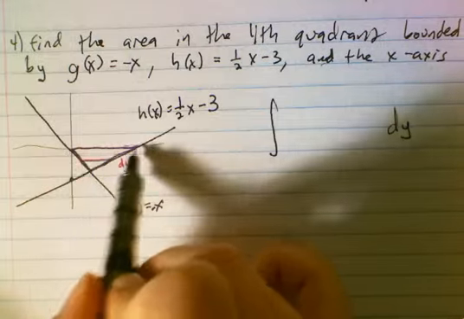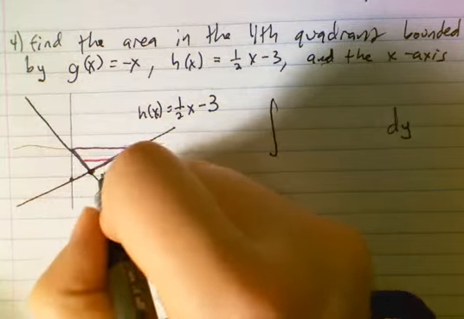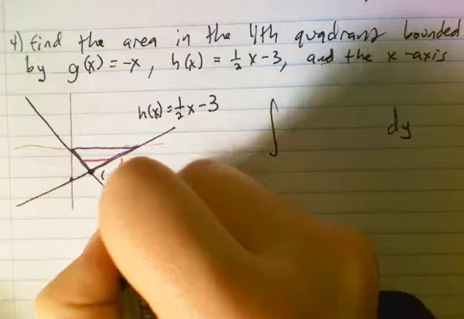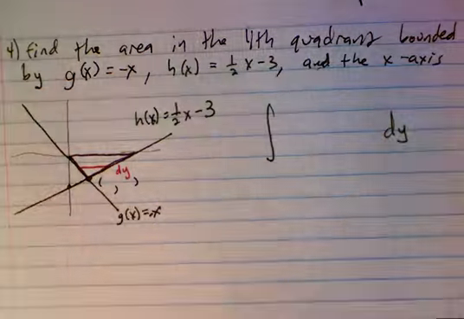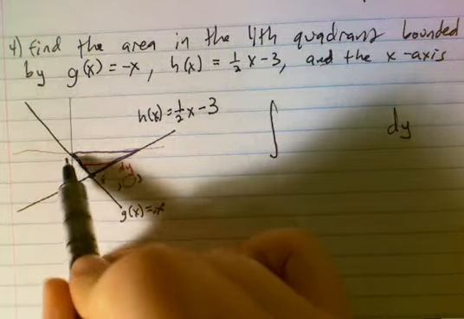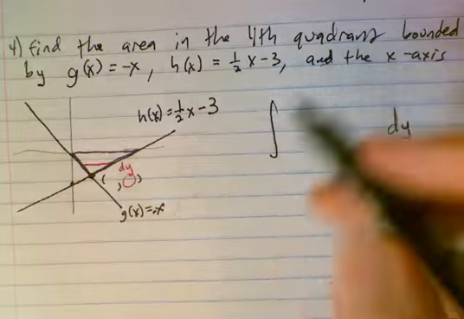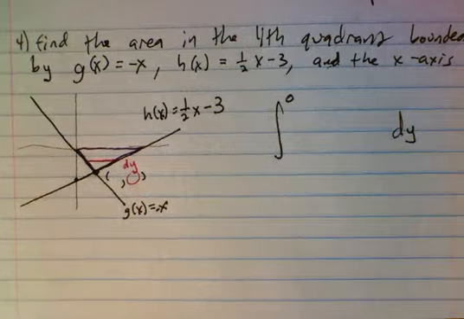When we start our rectangles, we're going to have a point right here. We have to figure out what that y is, but we can definitely see that when we stop on the x-axis, y is 0. We don't go up or down at all. So our stopping point is going to be 0.